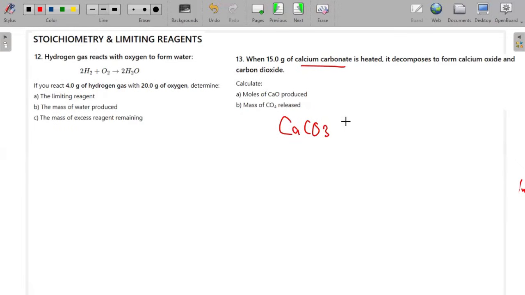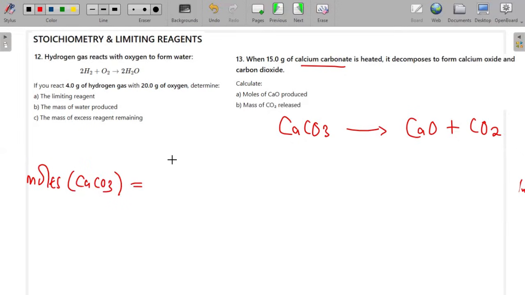So they heat this thing up, okay? Then it produces calcium oxide plus carbon dioxide. Okay, so we want to find the moles of calcium oxide produced. So make sure that your equation is balanced, and this equation is already balanced. Okay, so let's find the moles of the calcium carbonate.